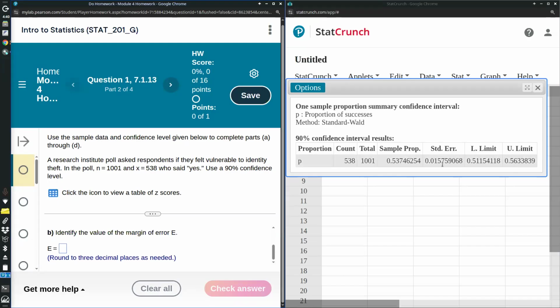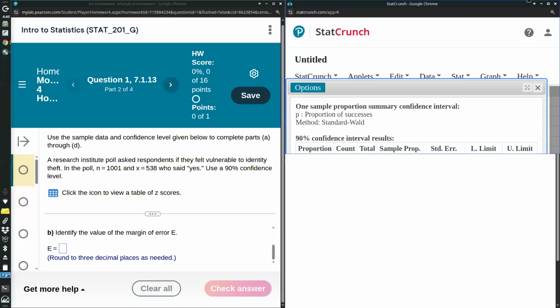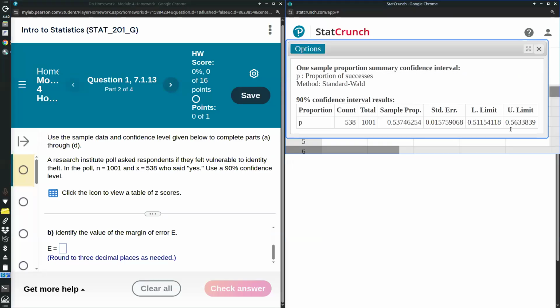So the margin of error, there's a couple ways to do it. I'm going to do just the upper limit minus the sample prop. Because the sample prop is right in the middle of the upper limit and lower limit. If you can imagine that, like imagine the upper limit being the end of the tail, the sample prop being the middle of the bell curve, and then the lower limit being the end of the left tail.